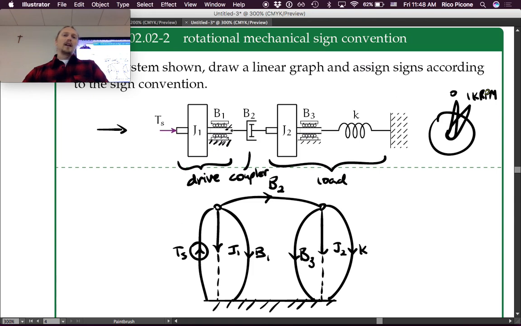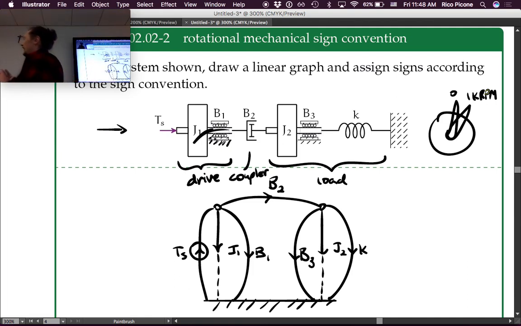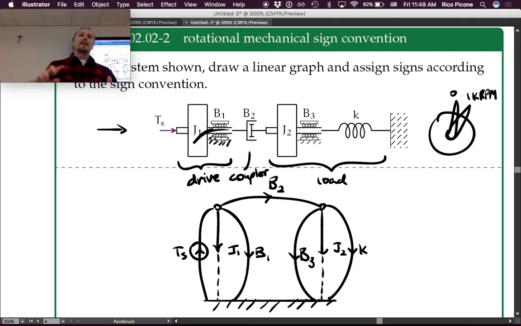And so you're going to get some flex, that's exaggerated, but it's going to flex some from the weight of J1. And so the moment you have to have the bearing take is not good for the bearing, first of all.